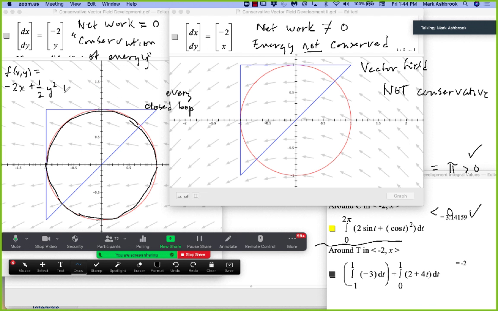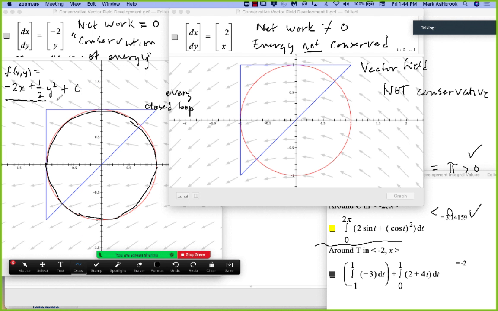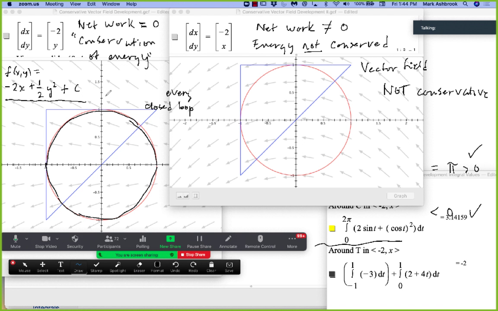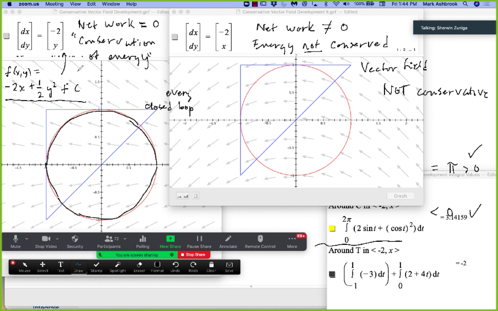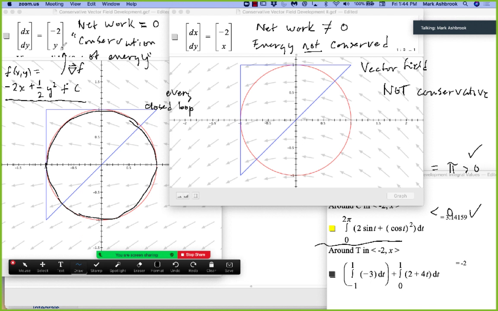Is the gradient of that function negative 2, y? If you took the gradient of that multivariable function, would you get negative 2 and y? Yes, you would, right? That field that I gave you was a gradient field.